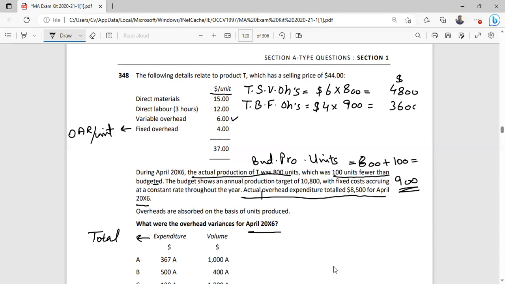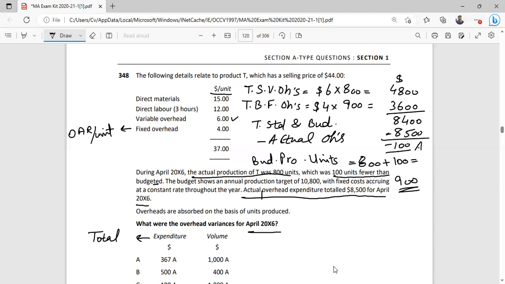It is 3,600. So we have the sum of total standard and budgeted for the month of April, 8,400, minus actual overheads 8,500. So there is a variance of $100 minus, which means a variance of $100 adverse.